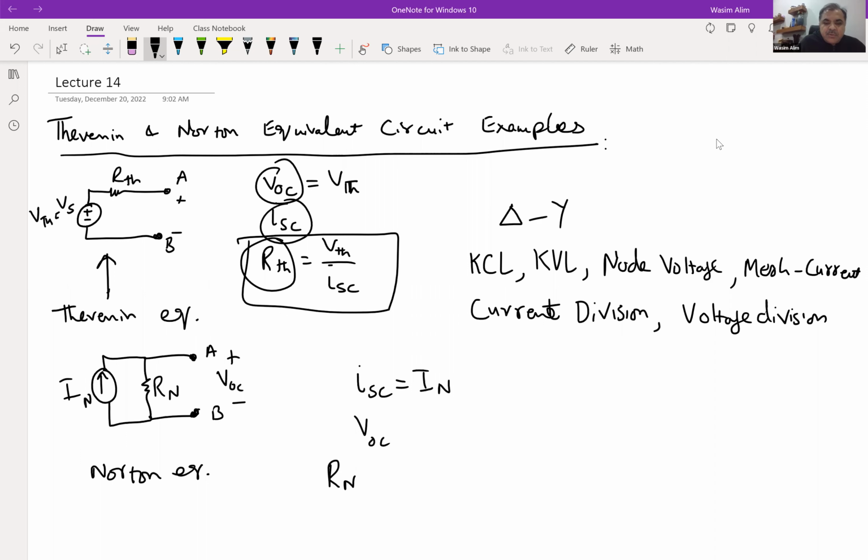So in this case we will find Rn, which is going to be V open circuit over either IN or I short circuit. They're both the same quantity. So these are the basic techniques that we're using. Okay, so now let's look at some examples after the summary.